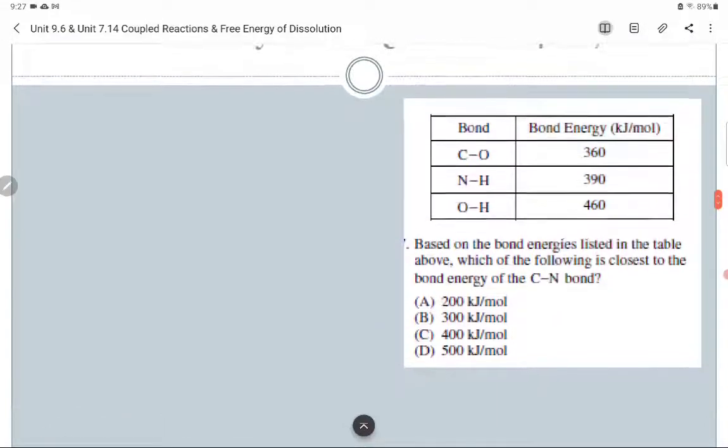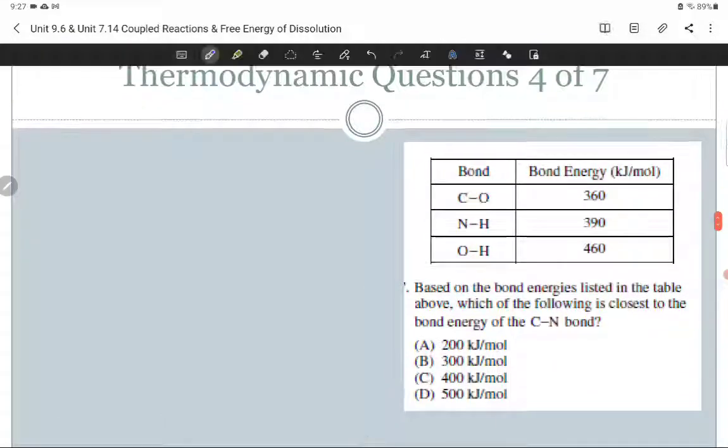We do: B. Closest. We're not actually going to get an answer that's exactly dead on to 300. We have all these bond enthalpies, but we want this bond enthalpy, and that one is not given. Could we use these ones to get that bond enthalpy?